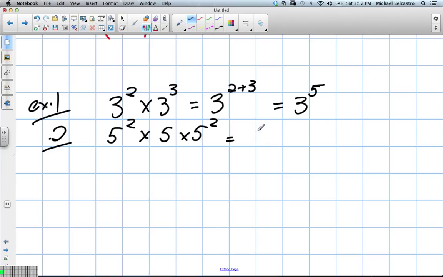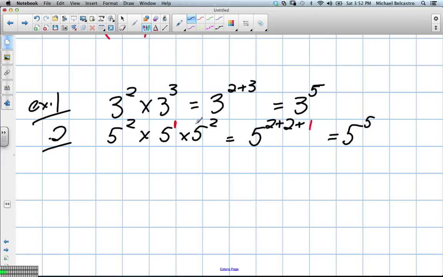So you would do 5 to the power of 2 plus 2. Great. Now I'm going to tell you a trick. 5 with no exponent actually has an exponent: 5 to the power of 1. Exactly. So how can I simplify this into one base? What else could I add to this? So 5 to the power of 5. That's right. So we're just going to add 1 on the side there. So really this is 5 to the power of 5.